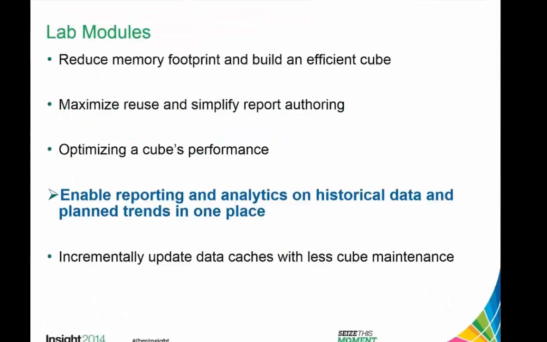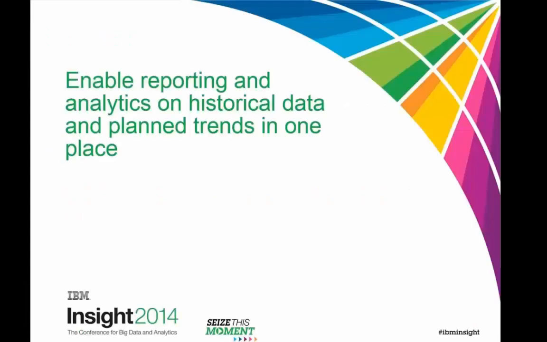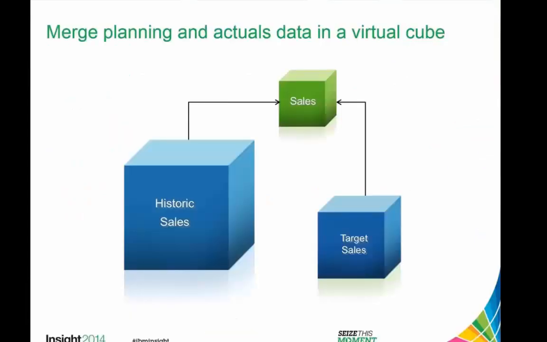Okay, and then we're going to move on to the next lab module, which is enabling reporting and analytics on historical data, as well as planned trends in one place. So basically we're going to use a virtual cube scenario here, bringing multiple facts together. In last year's lab and in previous labs, we had talked about virtual cubes, and virtual cubes being a merge or a union of the metadata and the data of two underlying cubes.